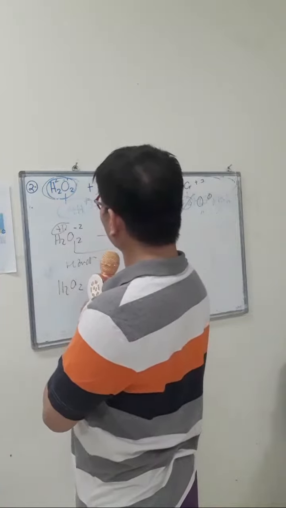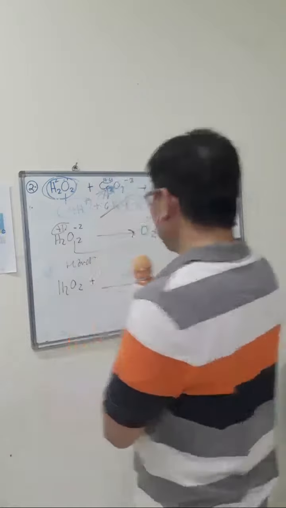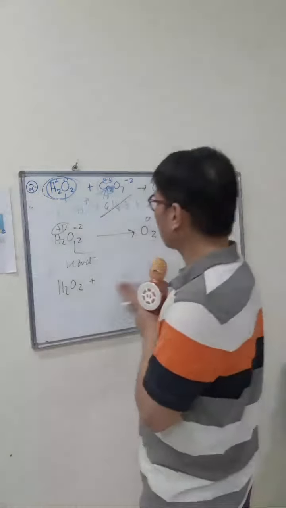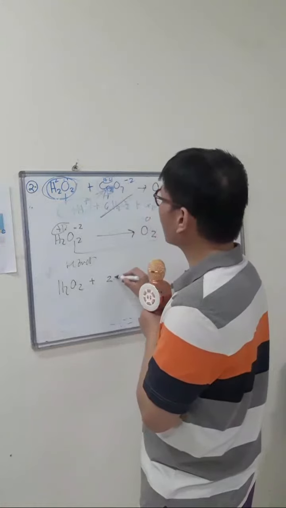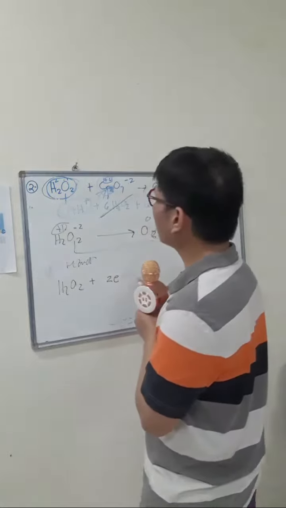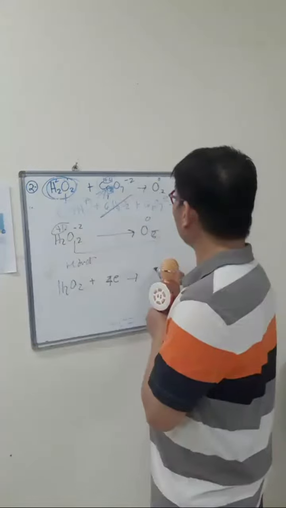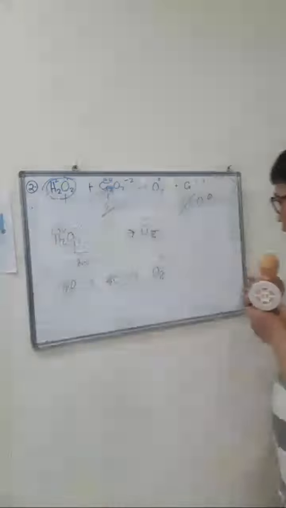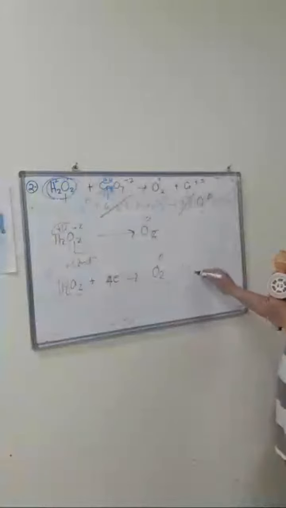So we need to write H2O2 plus 2 electrons. Then we have 2 here, so 4 electrons directly. So 4 electrons equals O2. Oxygen is balanced already, and there's an H2 here and another H2 here, plus H2O.